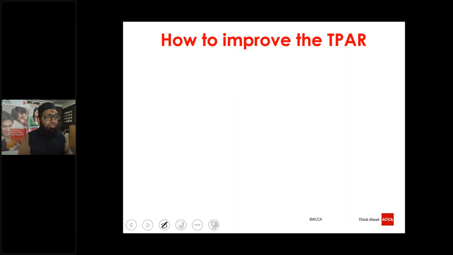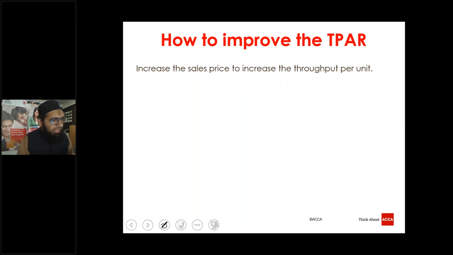So how to improve the throughput accounting ratio? Yes, we should. We can improve the throughput accounting ratio, first of all, by increasing the sales price to increase the throughput per unit.